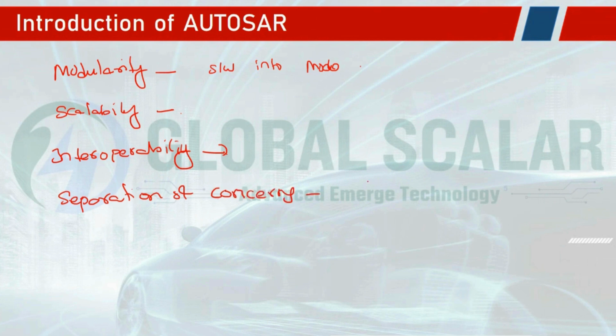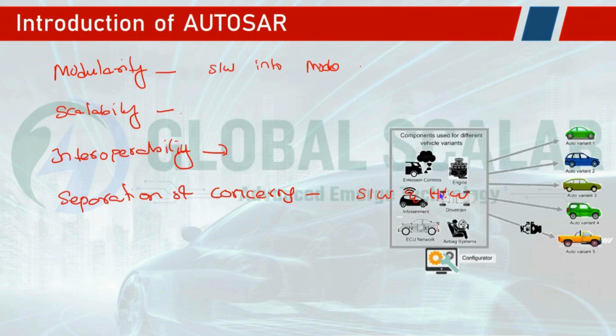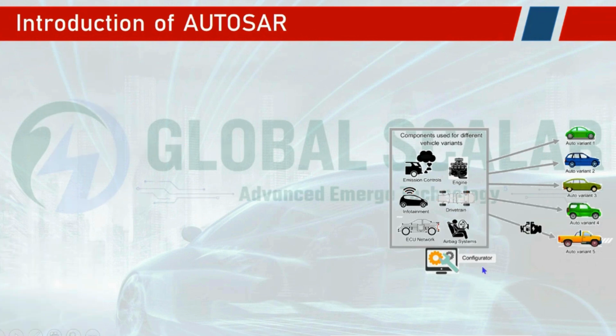Here the hardware and software are separated, meaning the software can be developed independently of the hardware platform. They will mainly focus on the software functionality and how the interfaces can be configured. Initially they won't worry about the hardware; they mainly focus on the software implementation.